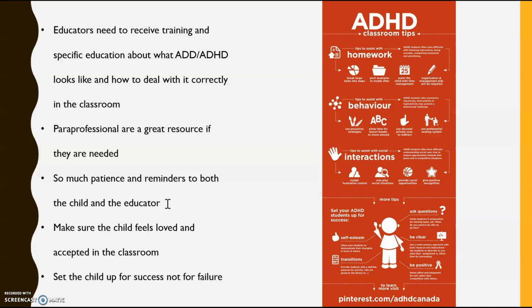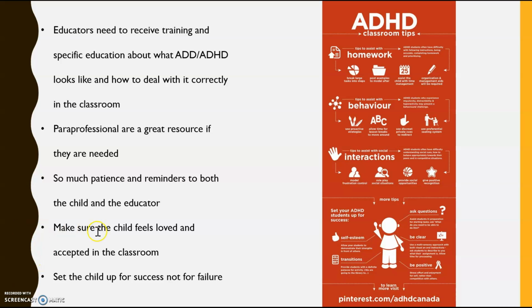The child needs to be reminded to refocus, and the educator needs to be reminded to just kind of take it easy and to not get too upset and too frustrated, because dealing with a child with ADHD can be very irritating. It can feel like they don't care and they don't want to do better and help themselves, but I don't know. It's difficult. I think patience and persistence are some of the most important things that educators need when it comes to ADD and ADHD.